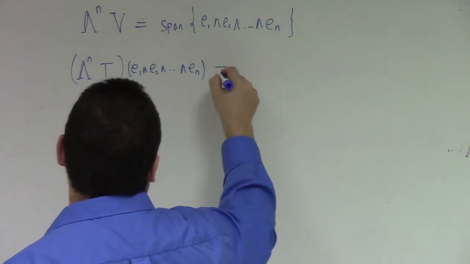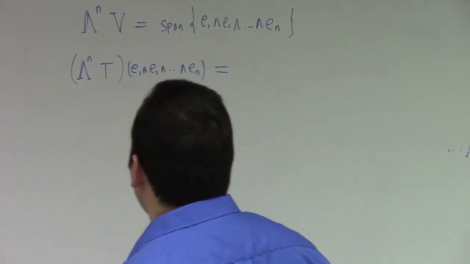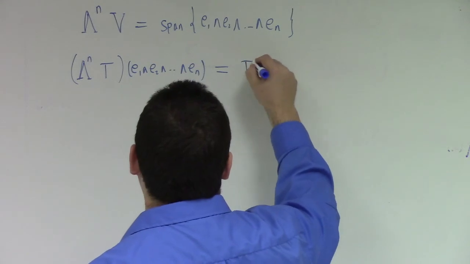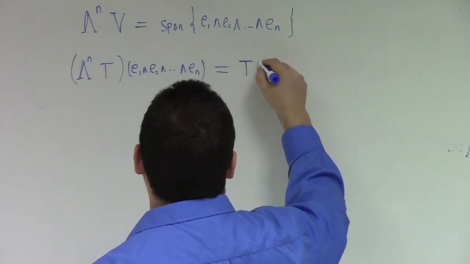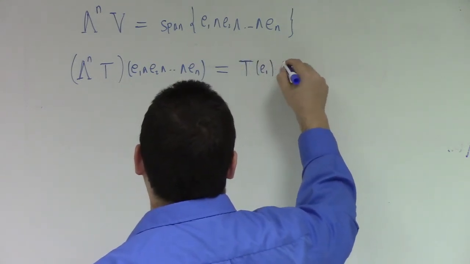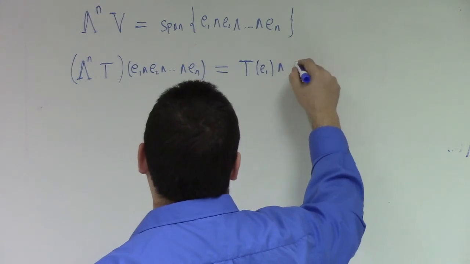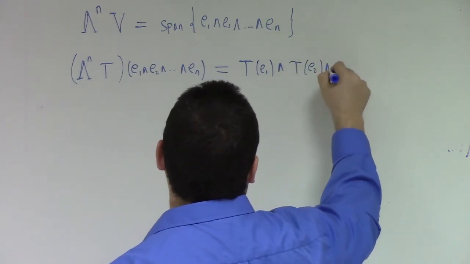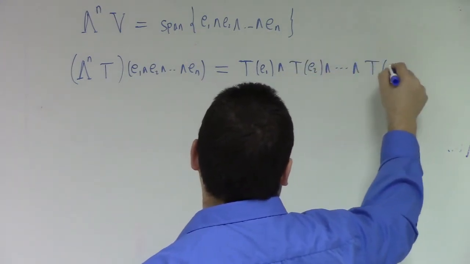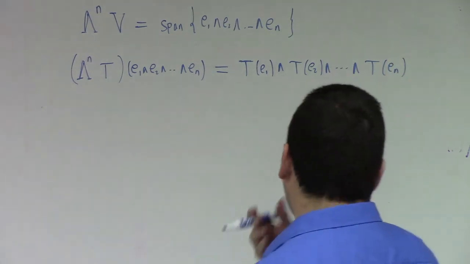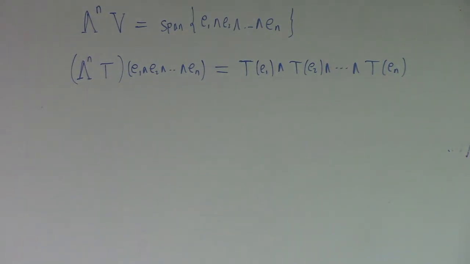What will this be equal to? Well, by definition, that will be T of E1 wedge T of E2 wedge ... wedge T of En. But what is that?